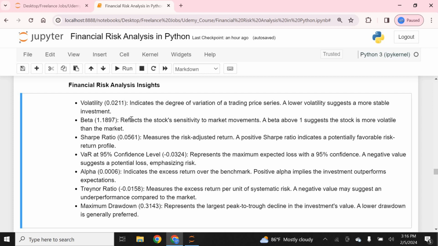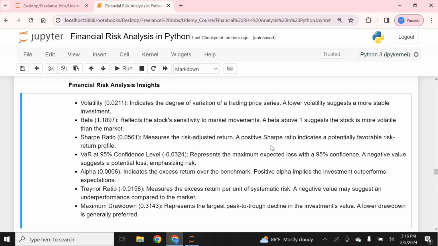Now, the beta value gives 1.1897. Beta value reflects the stock's sensitivity to market movement. A beta value above 1 suggests that the stock is more volatile than the market. The people that you are talking to are already relating with these terms that you are using. Now, the Sharpe ratio gives 0.0561, and it measures the risk-adjusted return.